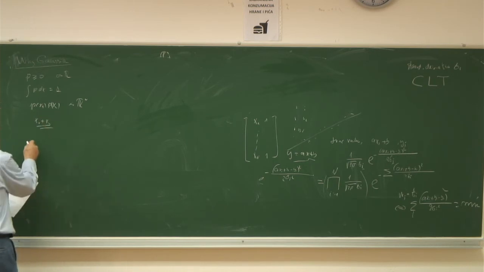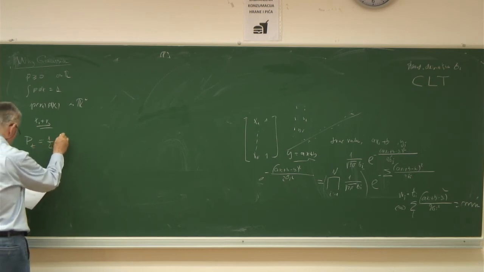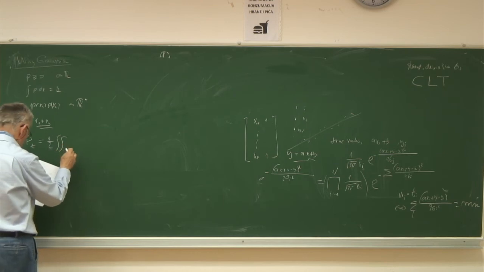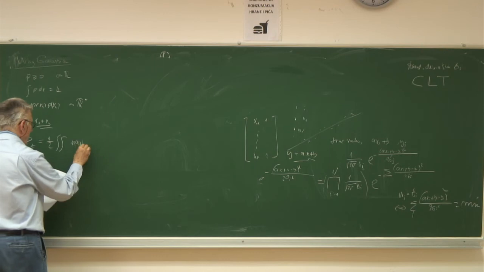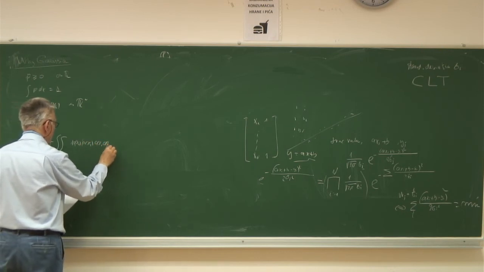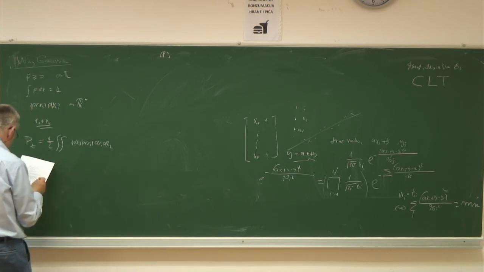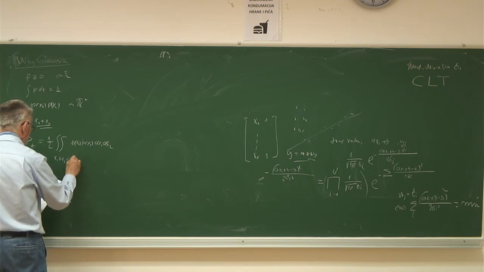That is, P(t) is equal to the integral over p(x1) p(x2), and the integral goes over the region where the mean value (x1 plus x2)/2 is less than or equal to t.